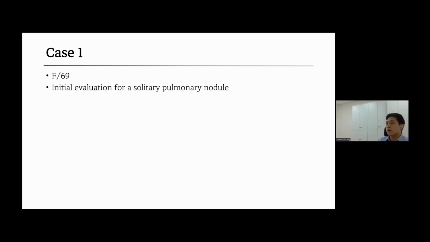Now, let's take a look at typical cases for practicing FDG-PET reading in lung cancer patients. The first case is about a 69-year-old female patient who underwent FDG-PET for initial evaluation of a solitary pulmonary nodule.